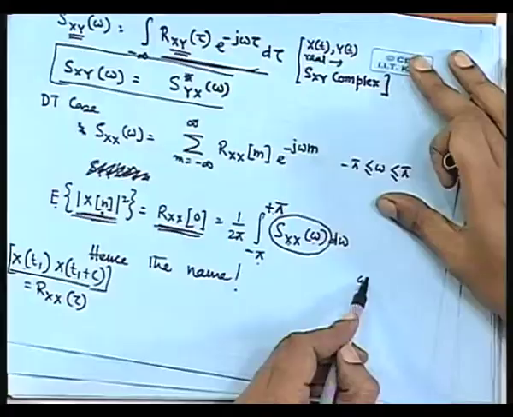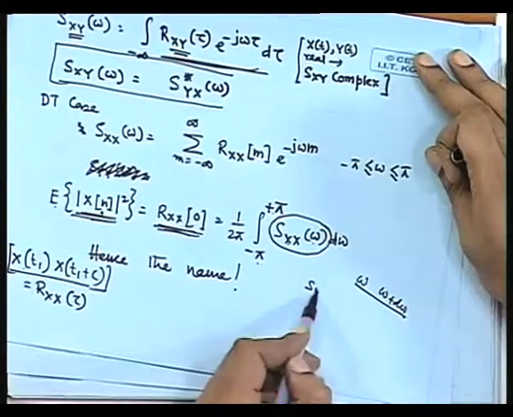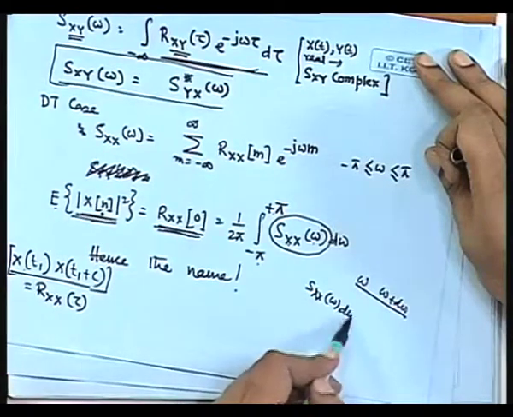So if you integrate from one frequency to another over the whole range of discrete frequencies minus pi to plus pi, then you get the total power, right? If you want to find out what is the energy of the signal stored between omega and omega plus d omega, that will be Sxx(omega) d omega.